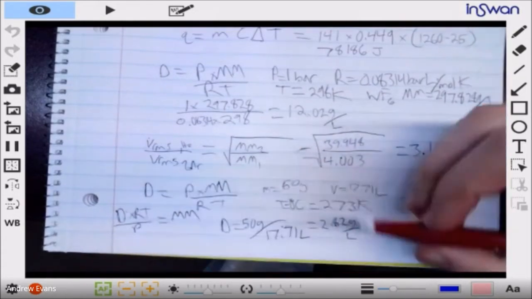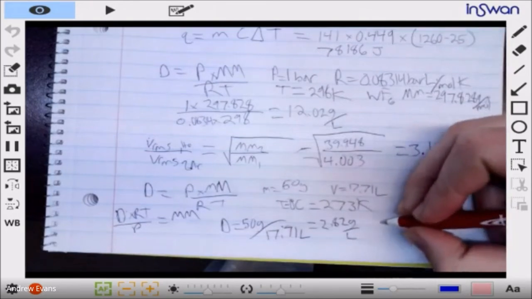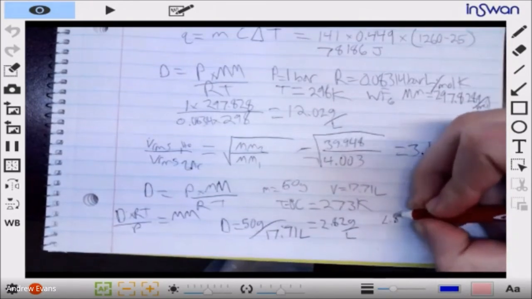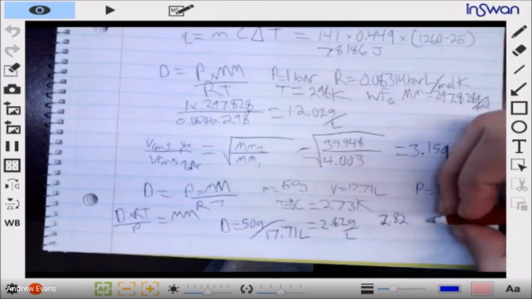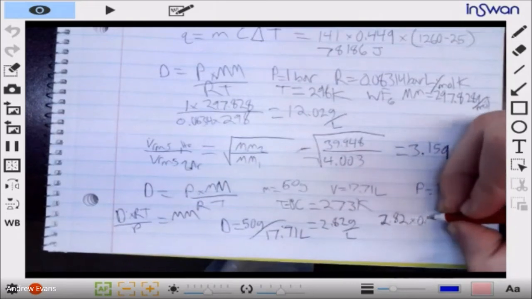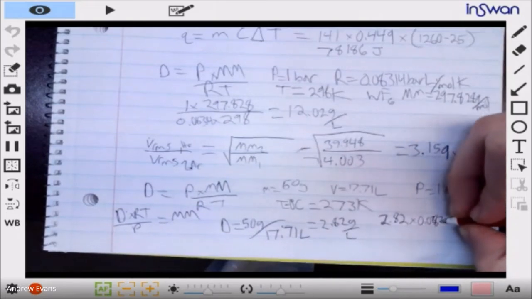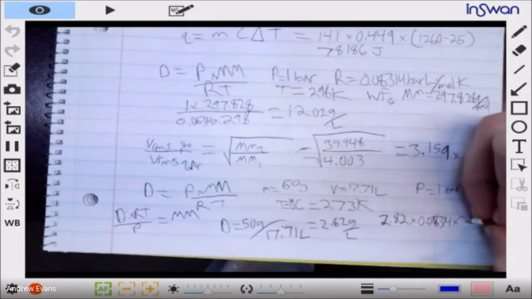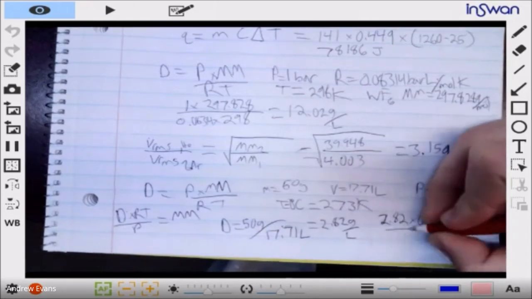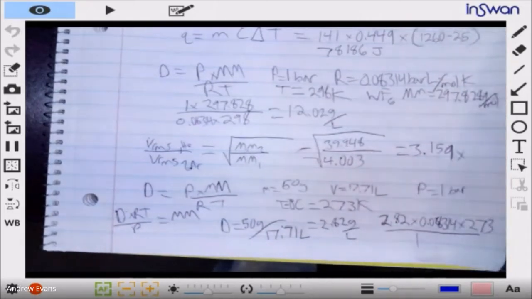Plugging that in, we have density 2.82 times our R, 8314, times our T, divided by 1, because the pressure is 1. 8314 times 273.